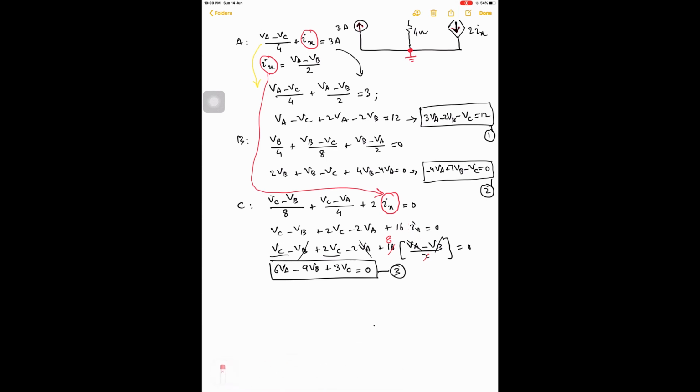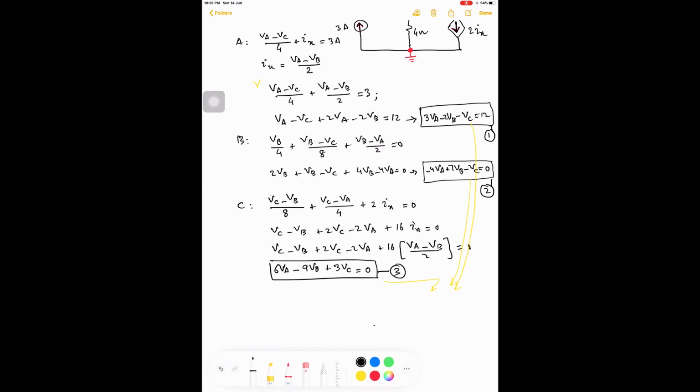Now again, erasing all unnecessary things over here, just to make it clear. Now equation 1, equation 2, equation 3. Writing these 3 equations in matrix form is simple.